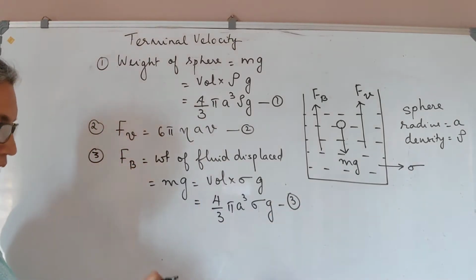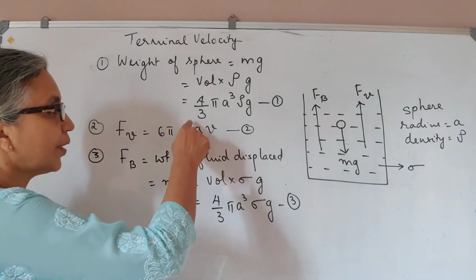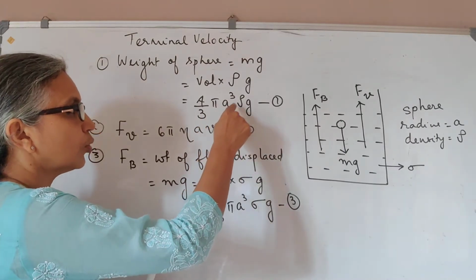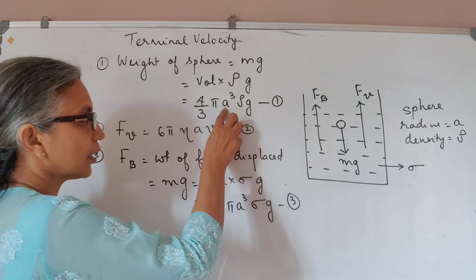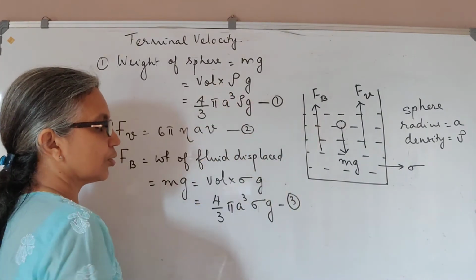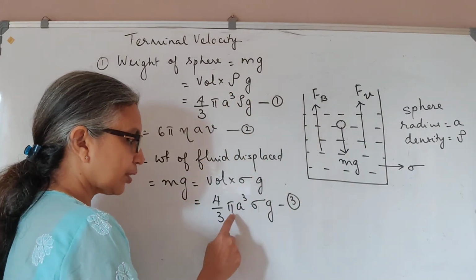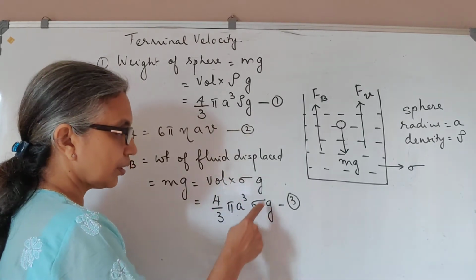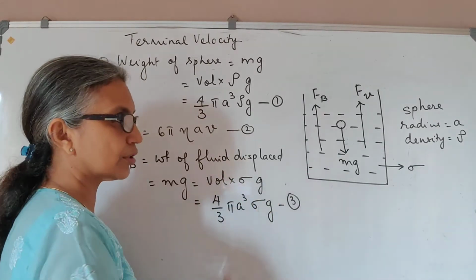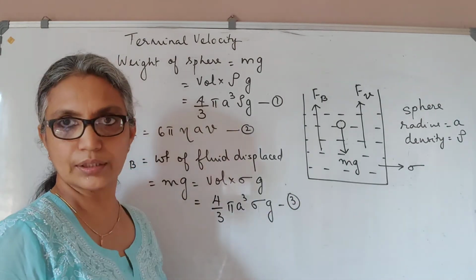Now you see what happens here: this 4 by 3 pi a cube rho g, the whole thing is a constant, because a is the radius, rho is the density, g is also a constant. You look at this 4 by 3 pi a cube sigma g, it is also a constant, right? Because sigma is the density of the fluid, a is the radius of the sphere, and g is also a constant.